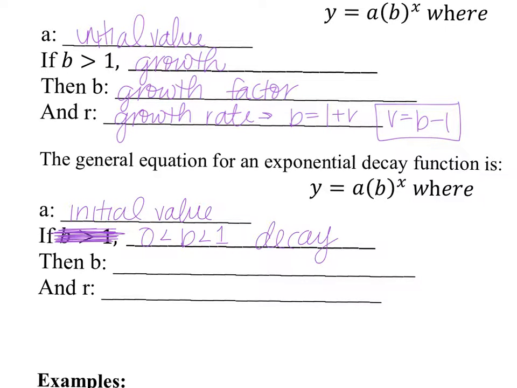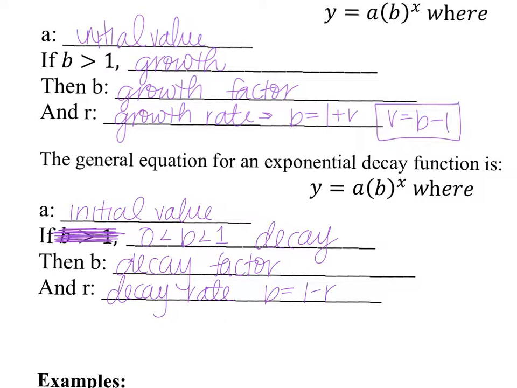So when we're looking at b, this is going to be the decay factor. Just like the other one was the growth factor, this is the decay factor. Now, to get the decay rate, if we want to find r, instead of 1 plus r, it's going to be 1 minus r.